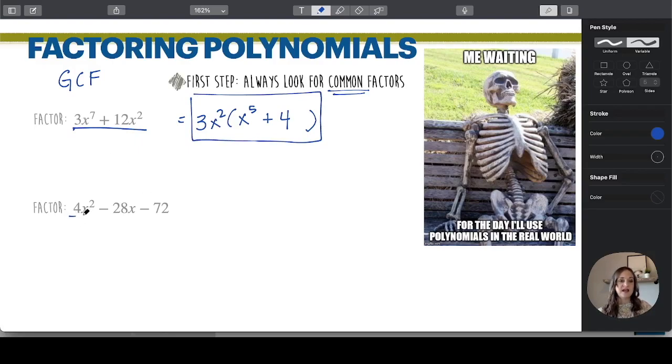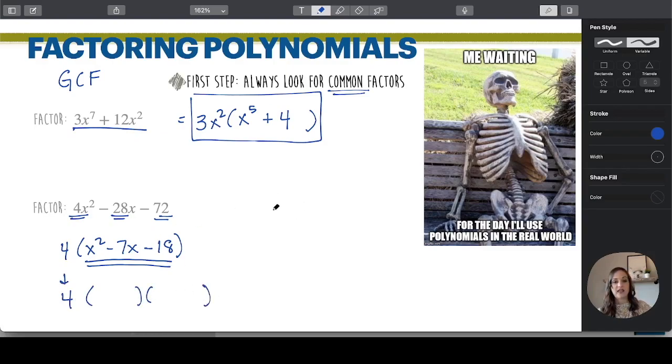In this case, I noticed that there is a 4 that is in common. So if I factor out a 4, I'll be left with x squared minus 7x minus 18. Now, I actually am not done, because I notice that this can also be factored. So I'm going to bring down my 4, and then I notice that I can figure out what multiplies to give me 18 and adds or subtracts to give me negative 7.